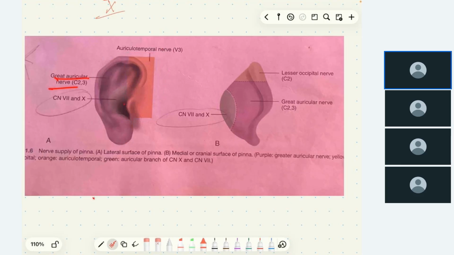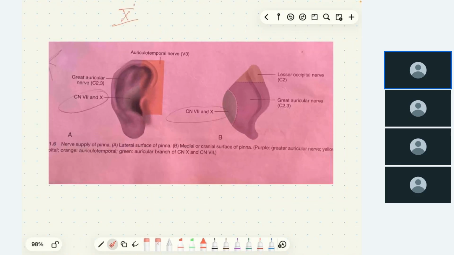The anterosuperior part is supplied by the 7th nerve and 10th nerve. This point is important. It comes in handy when discussing acoustic neuroma, where we see hypoesthesia in the posterior superior part of the external auditory canal due to involvement of the 7th nerve, that is the facial nerve. This is about the nerve supply of the lateral surface of the pinna.